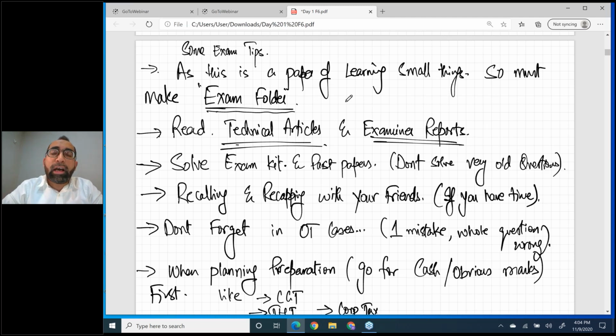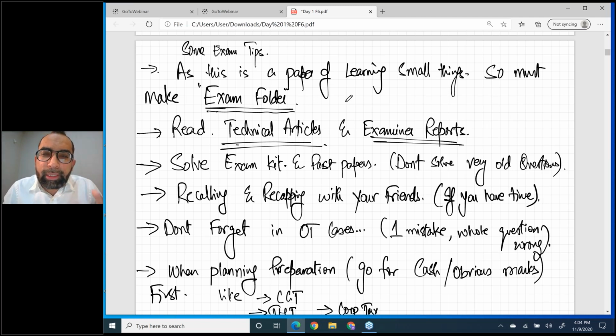Now the question is, how to learn? Always maintain an exam folder. What is an exam folder? Let me give you an example. For example, you just studied property income. Now you take a page and write the summary of property income on 1 page, and put it in a folder. Then you studied the second chapter, income tax computation. You made a summary of income tax computation in your own words and put it in that folder.